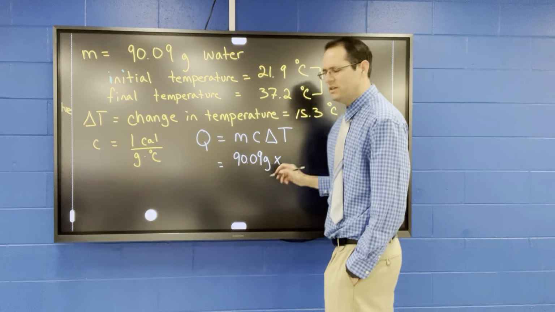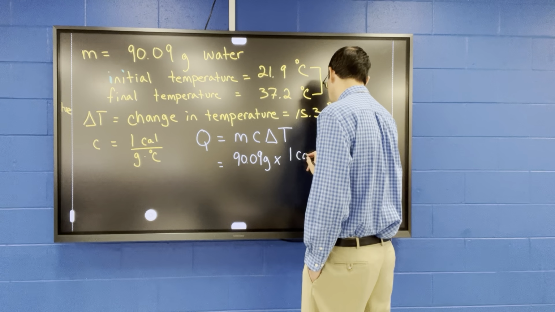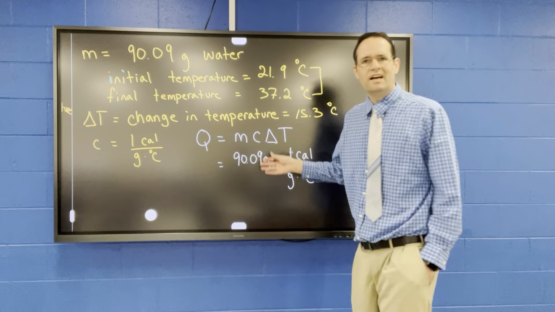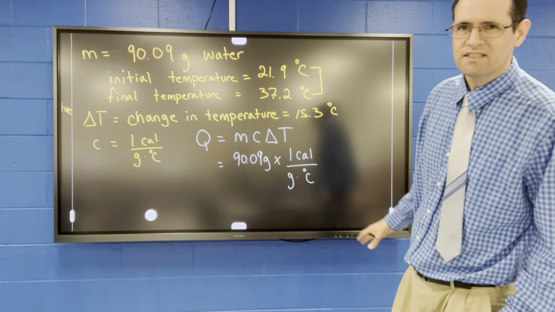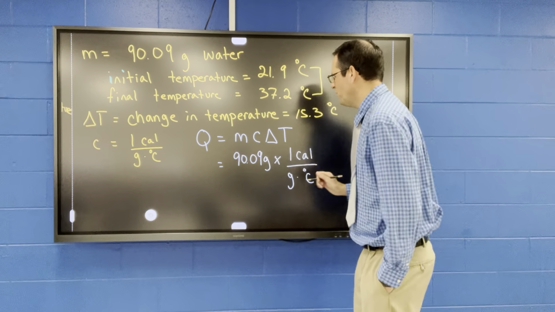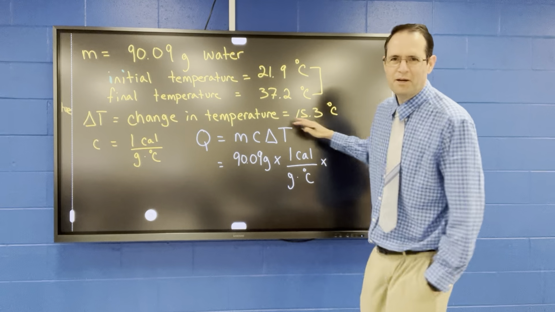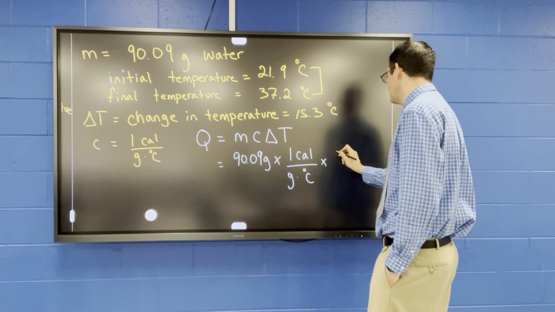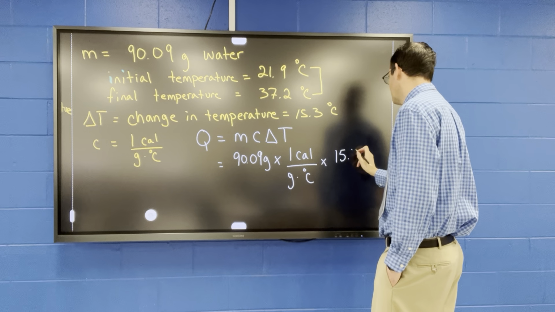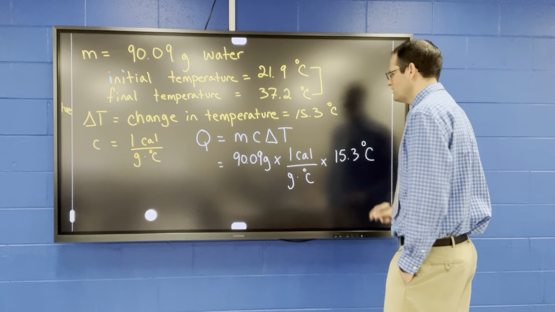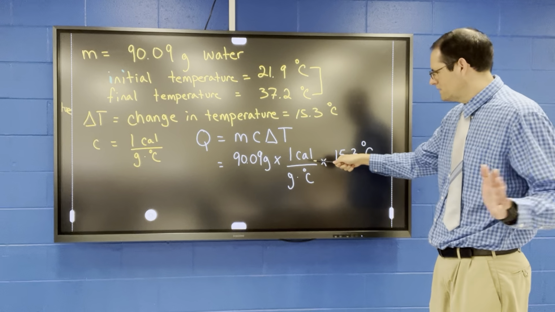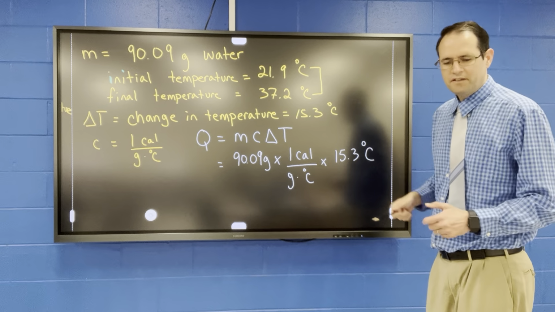Now you've got all these units. In this class, we didn't talk about unit cancellations, so just focus on the number parts here for now. Bear with me. And then we have 15.3 degrees Celsius, okay? So we've got our mass of water, we've got our constant, we're heating up water, and then we have the change in temperature.